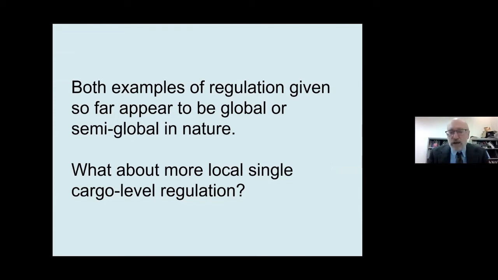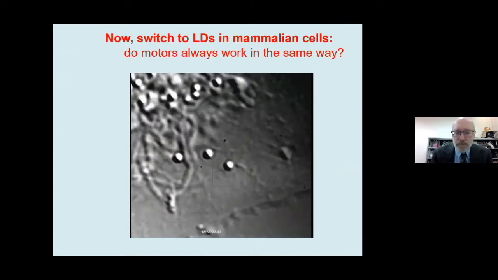And of course, there's also regulation at the single cargo level. And so I want to talk a little bit in my final vignette, as it were, about that kind of regulation. And so some of you will have seen a lot of this. I mean, it's basically published. And so I apologize for those of you who have seen it all. But I think it's a very nice example.